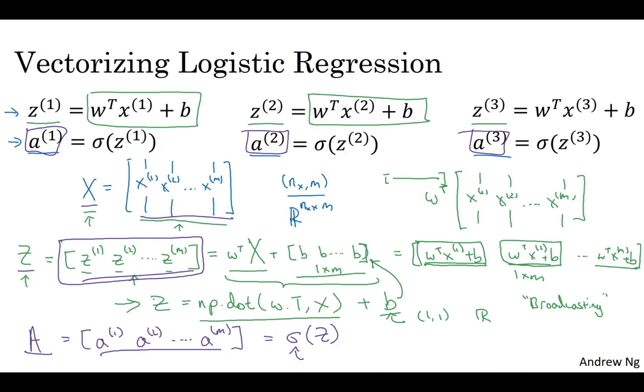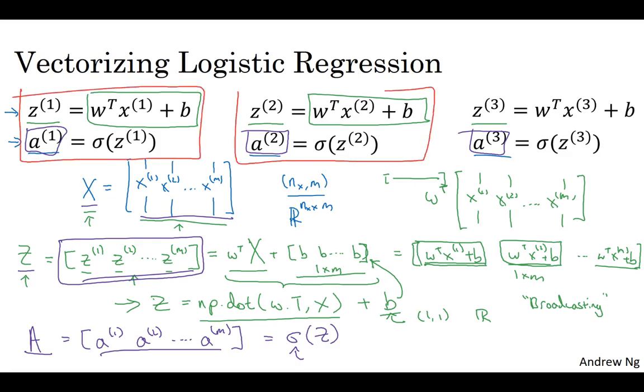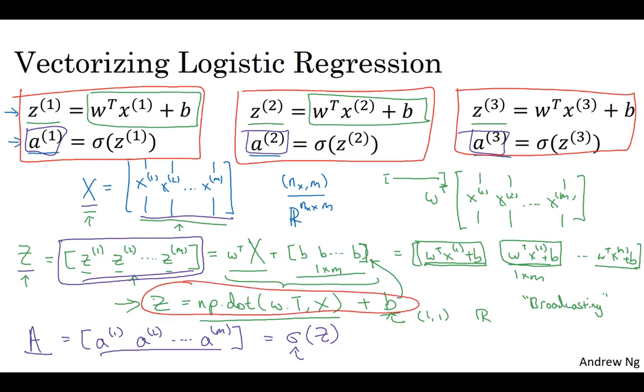So just to recap, what we've seen on this slide is that instead of needing to loop over m training examples to compute lowercase z and lowercase a one at a time, you can implement this one line of code to compute all the z's at the same time, and then this one line of code with appropriate implementation of lowercase sigma to compute all the lowercase a's all at the same time.